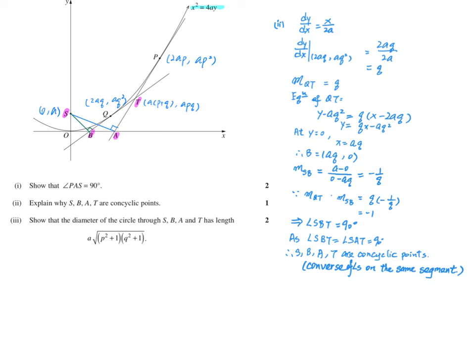Since the product of the two gradients equals minus 1, we know that angle SBT is really 90 degrees. As this is 90 degrees, this is also 90 degrees. Therefore, we can conclude that S, B, A, T, these 4 points, are concyclic points. The reason is the converse of angles in the same segment.